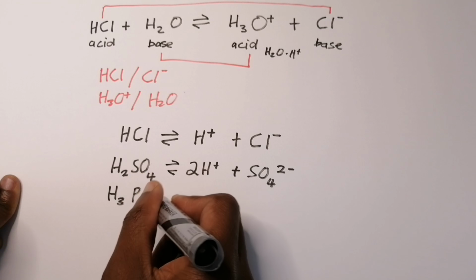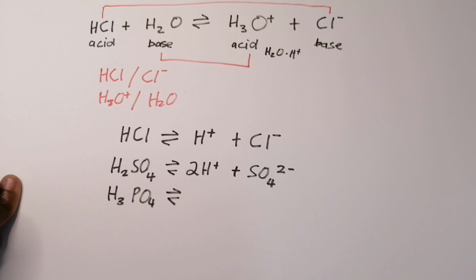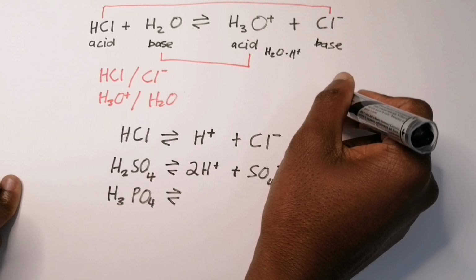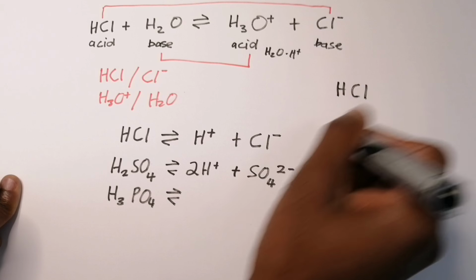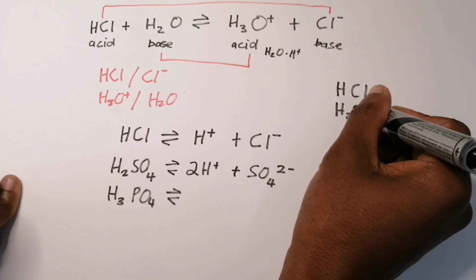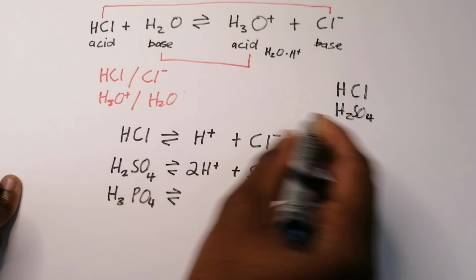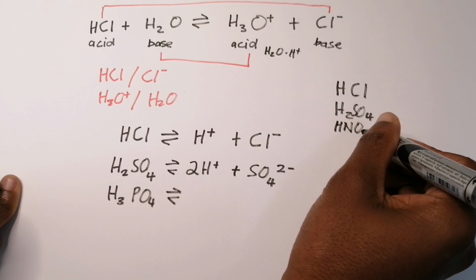I know this is a weak acid, and by the way, please just go through your list of strong and weak acids. You'll notice that there are actually just 3 strong acids. It's HCl, that's hydrochloric acid, okay? That's H2SO4, that's sulfuric acid, and nitric acid, HNO3.